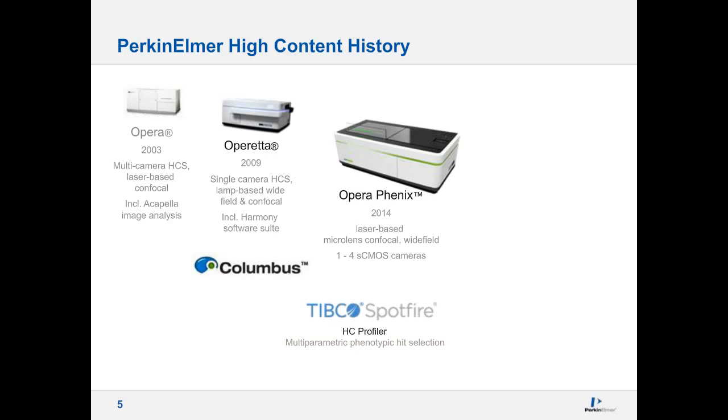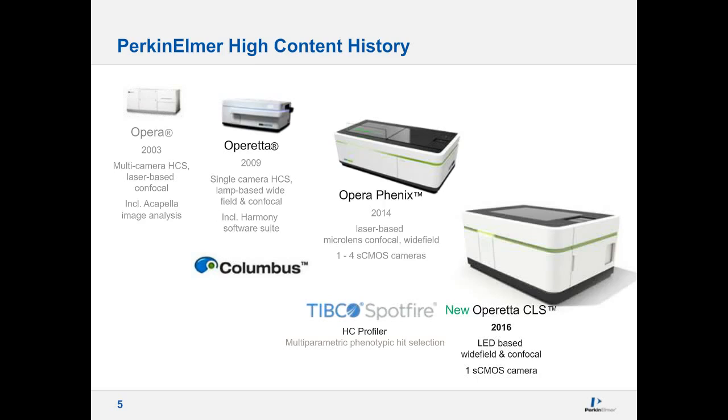We developed this software further so that it could deal with more complex assays, and we succeeded the old Opera with the Opera Phoenix in 2014. Here we brought together a laser-based microlens confocal system that could hold 1 to 4 cameras, but being operated by really easy-to-use software. And now, in 2016, we're bringing to you the Operetta CLS.